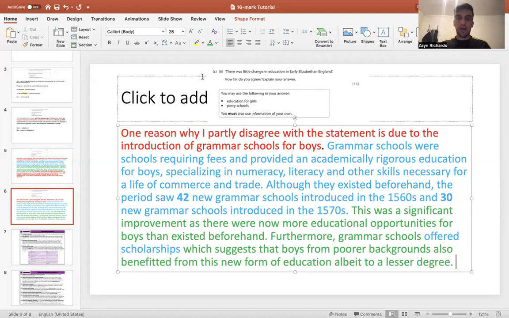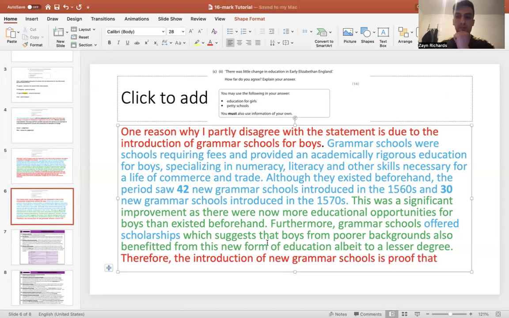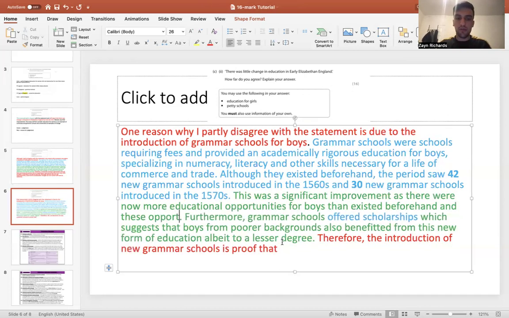Okay. Now I'm moving to my analysis. So I'm going to say something like, therefore, the introduction of new grammar schools is proof that... have I done my explanation as well? No. I'm just going to develop the explanation slightly.